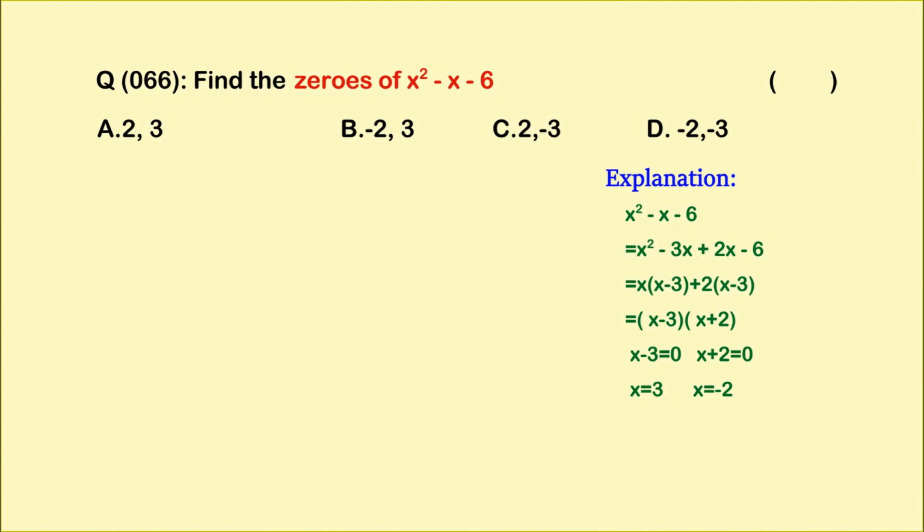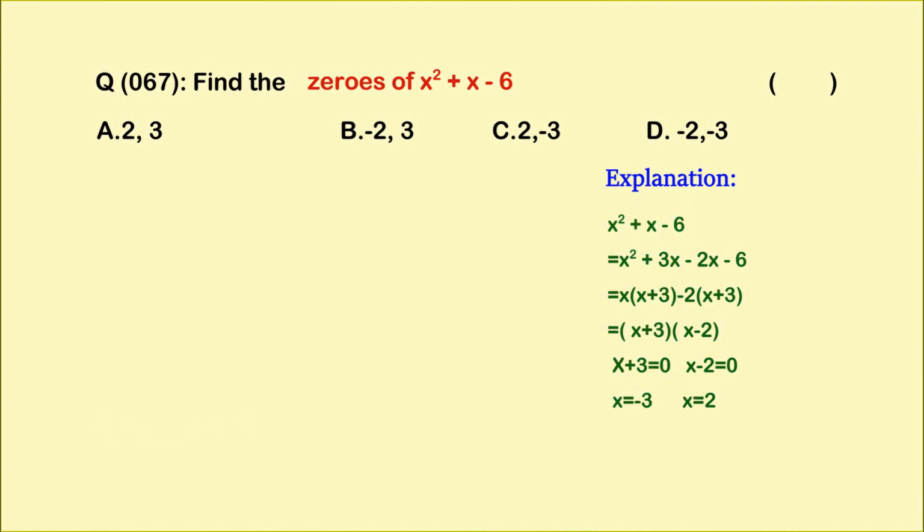So we will get x square minus 3x plus 2x minus 6. Taking x common, we will get x minus 3, and taking plus 2 as common, we will get x minus 3. In both the terms, if you take x minus 3 as common, the remainder will be x plus 2. If you make x minus 3 equal to 0, we will get x is equal to 3. If you make x plus 2 equal to 0, we will get x is equal to minus 2. So the right answer is minus 2, 3. So the right answer is B.